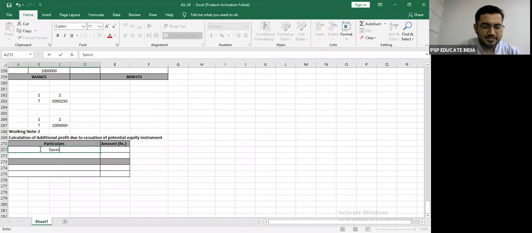So savings in interest cost will be 1 lakh into 100 is 100 lakhs. So 100 lakhs into 12%.